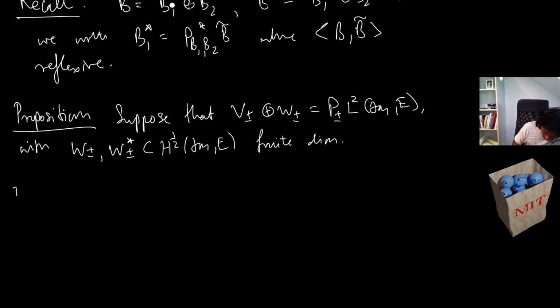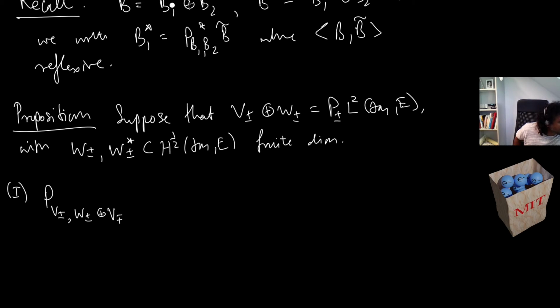Then I want to make some assertions. So the first thing is, so now we have a projection, right? I mean, we have L2 splits into V plus W plus and V minus plus W minus, because this is a boundary decomposing projector. So all of L2 is equal to P plus P minus. So now we have the projectors V plus minus W plus minus plus V minus plus, let me see now.